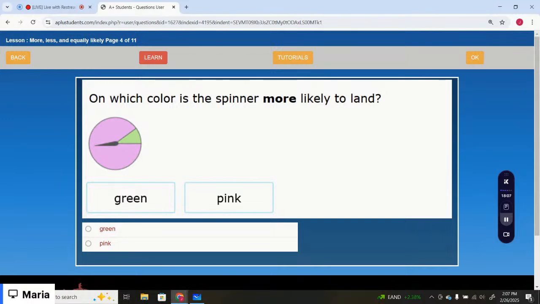On which color is the spinner more likely to land, which is the correct option?